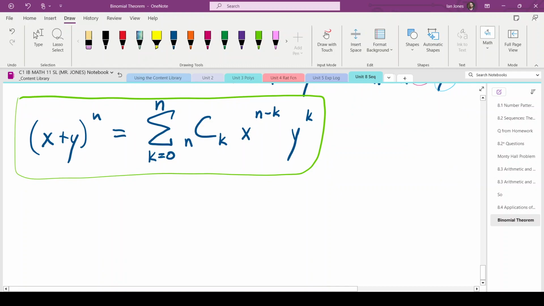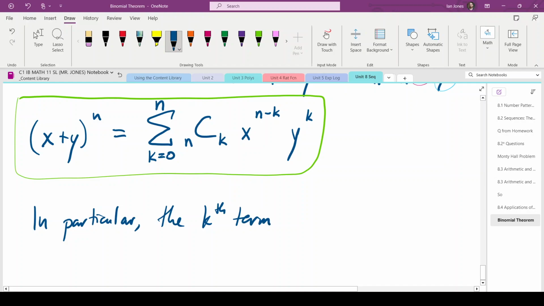I want to call your attention to the fact that the kth term in a binomial expansion is n choose k minus 1, x to the n minus k minus 1, y to the k minus 1.